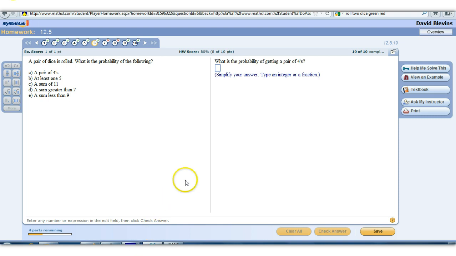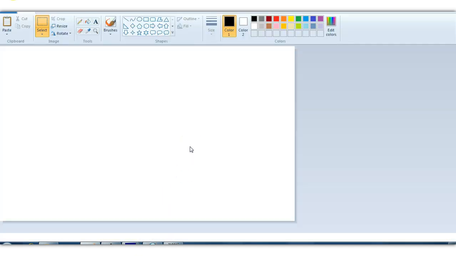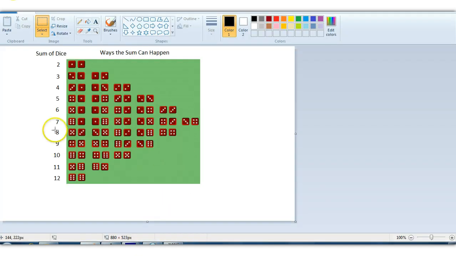So this is basically every single possible outcome that can happen here, right? This is what the sums are: 2, 3, 4, 5, and these are the ways the sums can happen. So if you count these up, there's 1, 2, 3, 4, 5, 6, 7, 8, 9.